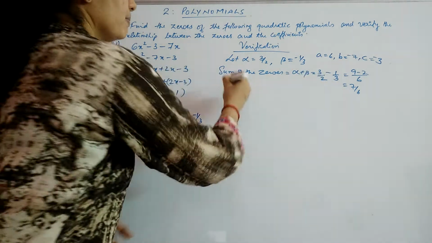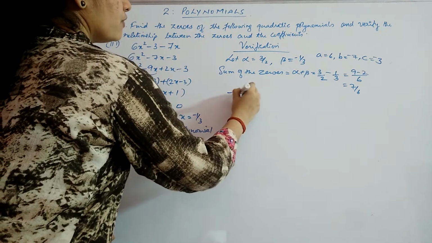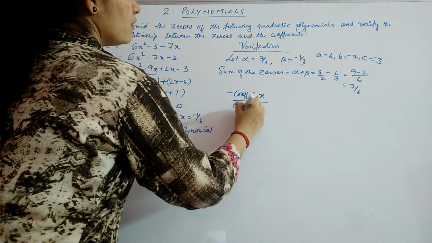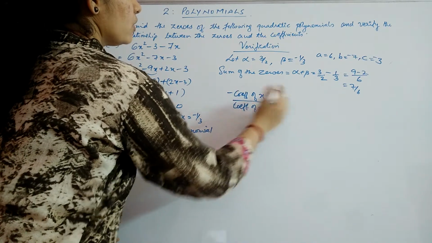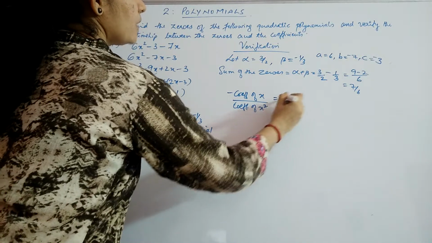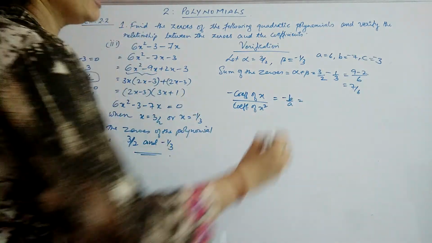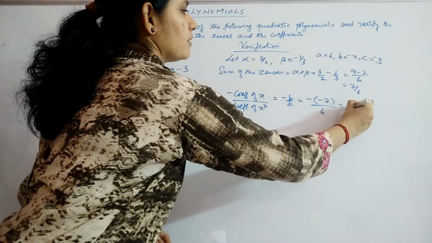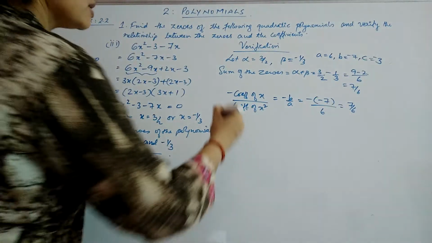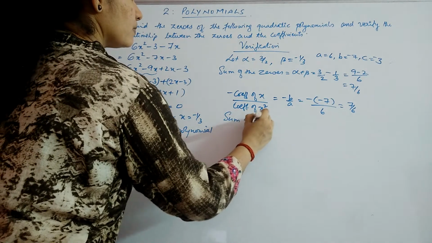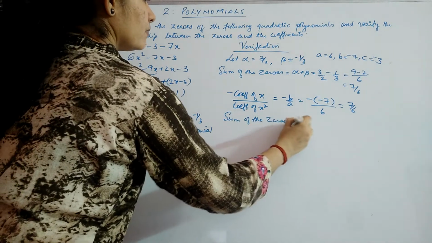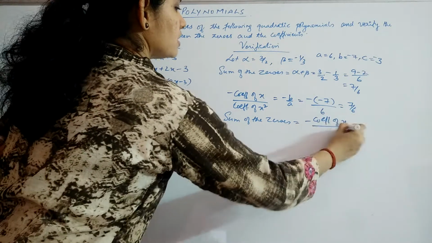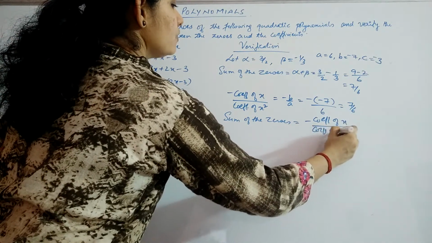From that you can compare the negative coefficient of x divided by coefficient of x square, which is minus B by A. Minus B is 7, A is 6, so we are getting 7 by 6. So both have the same value. You can say that the sum of the zeros is equal to negative coefficient of x divided by coefficient of x square.